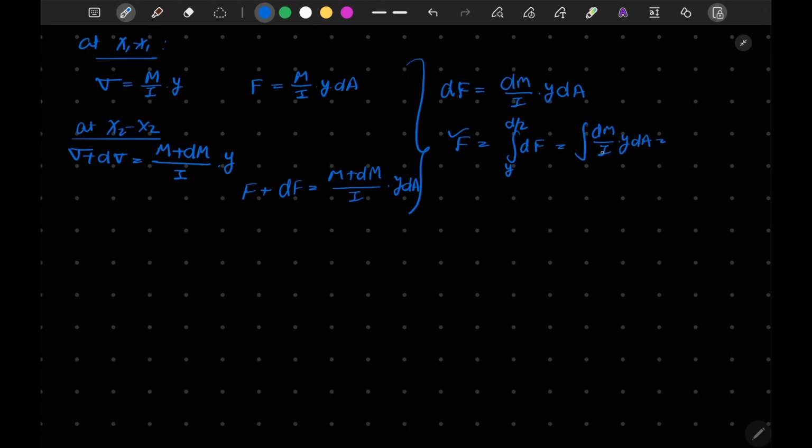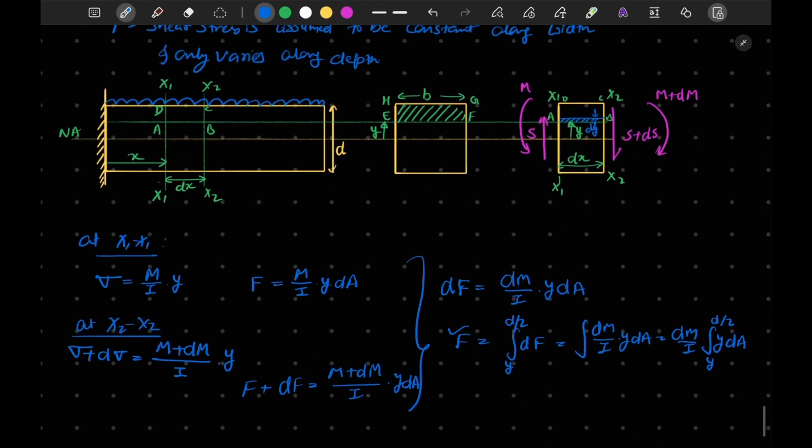Now this dM by I is constant for a given section, and the integration of y dA from y to d by 2 is representing the first moment of area about the neutral axis.